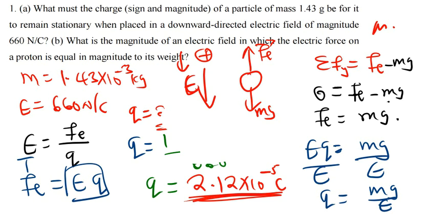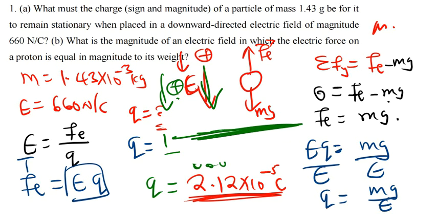Now we know that the electric field is going downward. If we have a positive charge, it moves in the same direction, so we expect it to start going down. Since the electric field is going down, the surface down here is negative charged, and that's why the electric field is going downward.